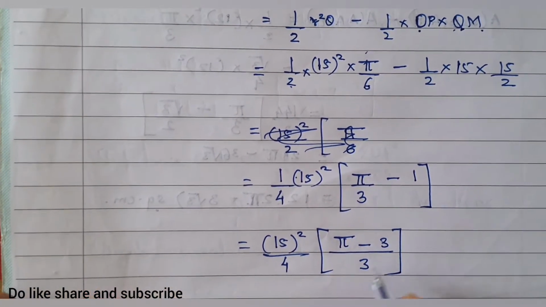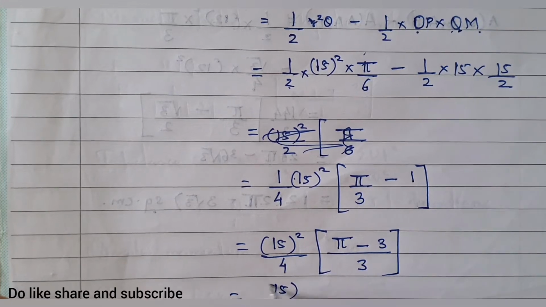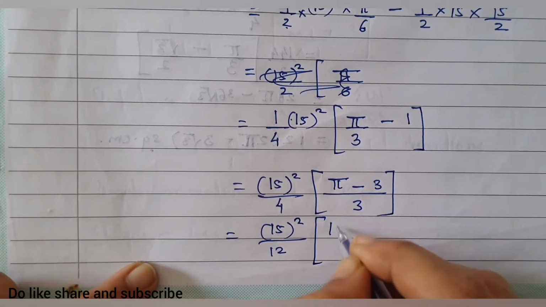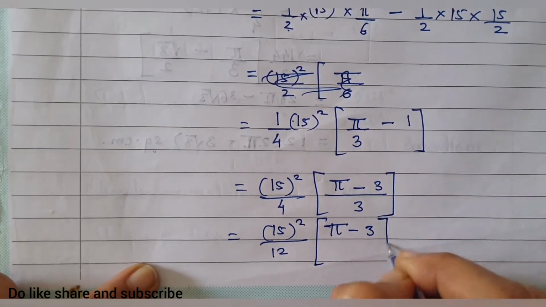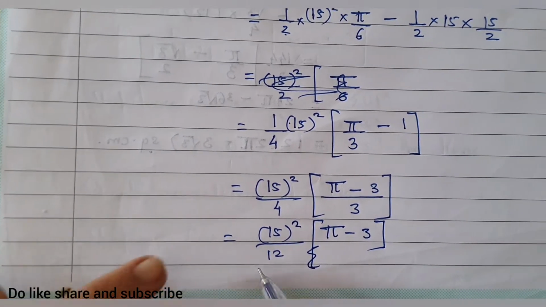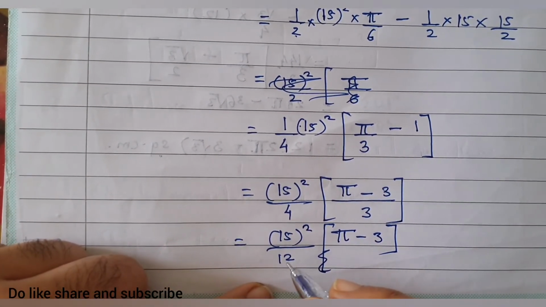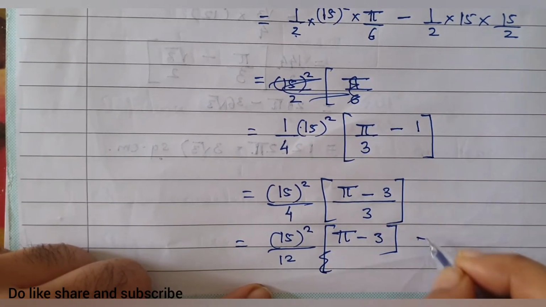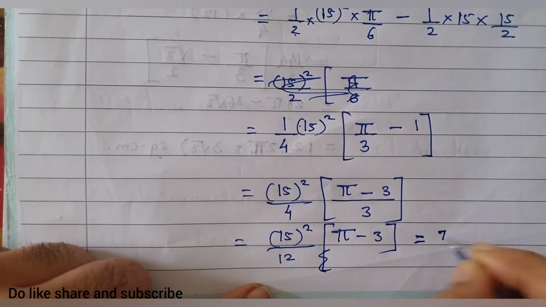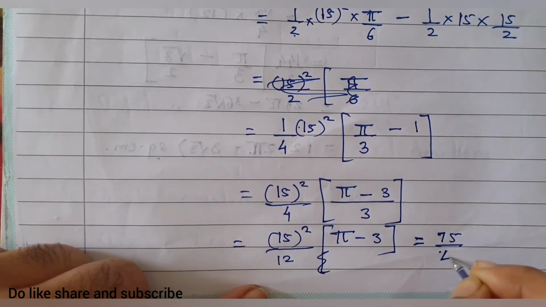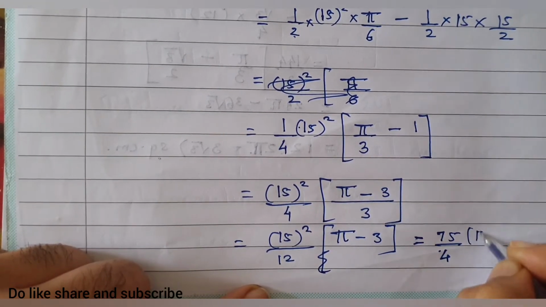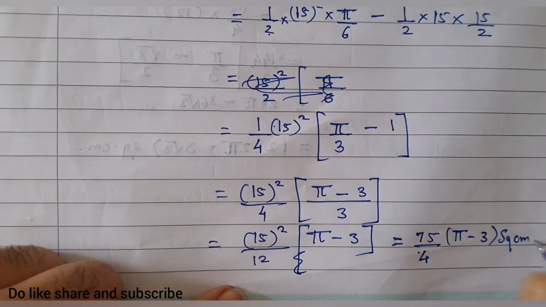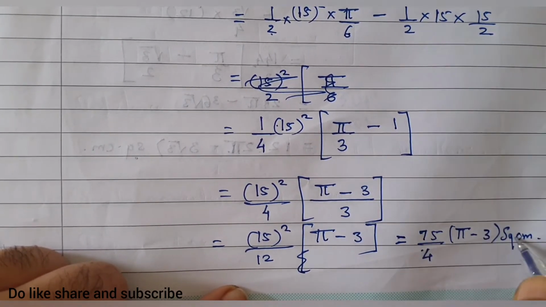Now 4 threes are 12, so our desired answer is 15 square by 12 into pi minus 3, which after simplifying is 75 by 4 into pi minus 3 square centimeters. Don't forget to give the units.